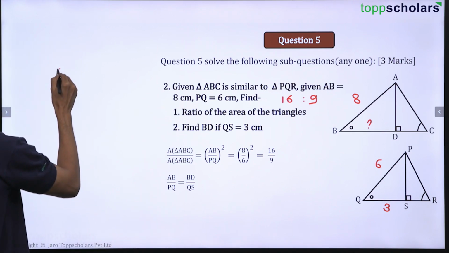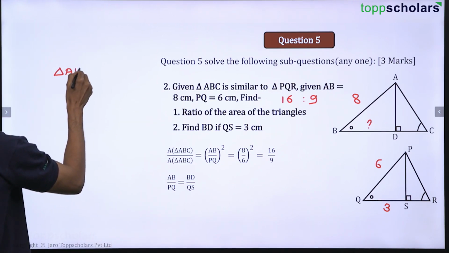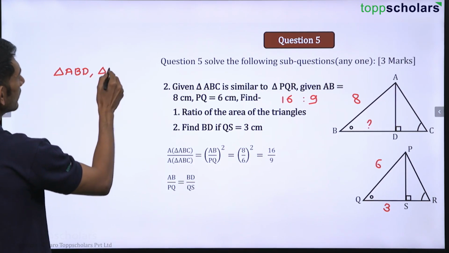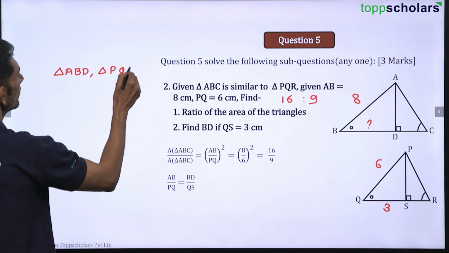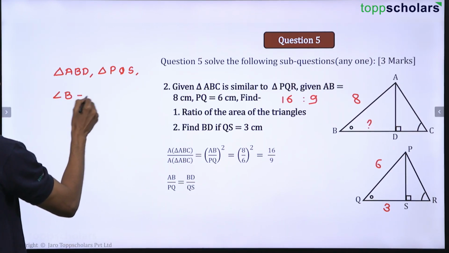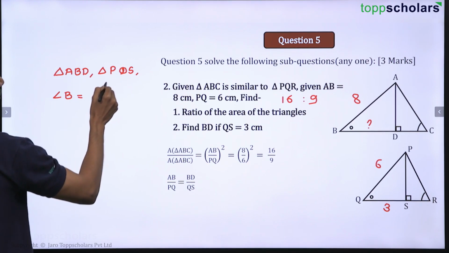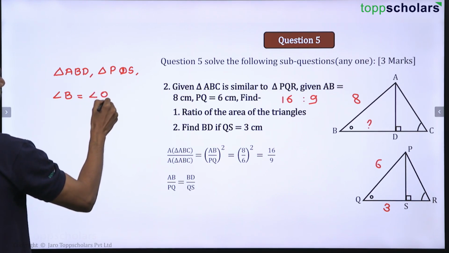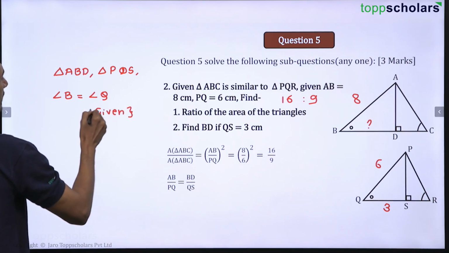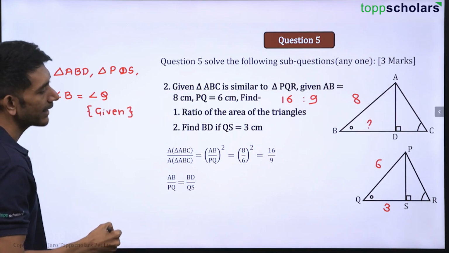That is, in triangle ABD and triangle PQS, it is already given that angle B is equal to angle Q.